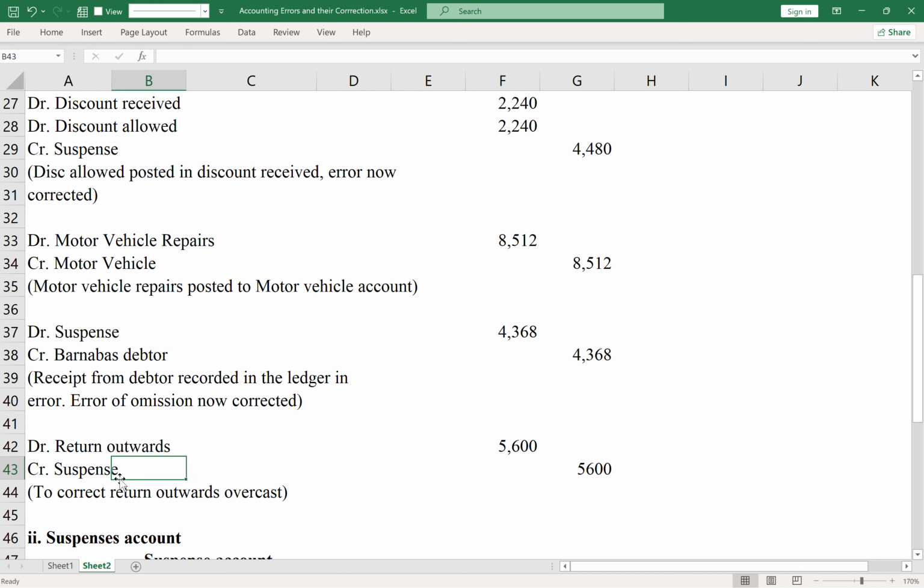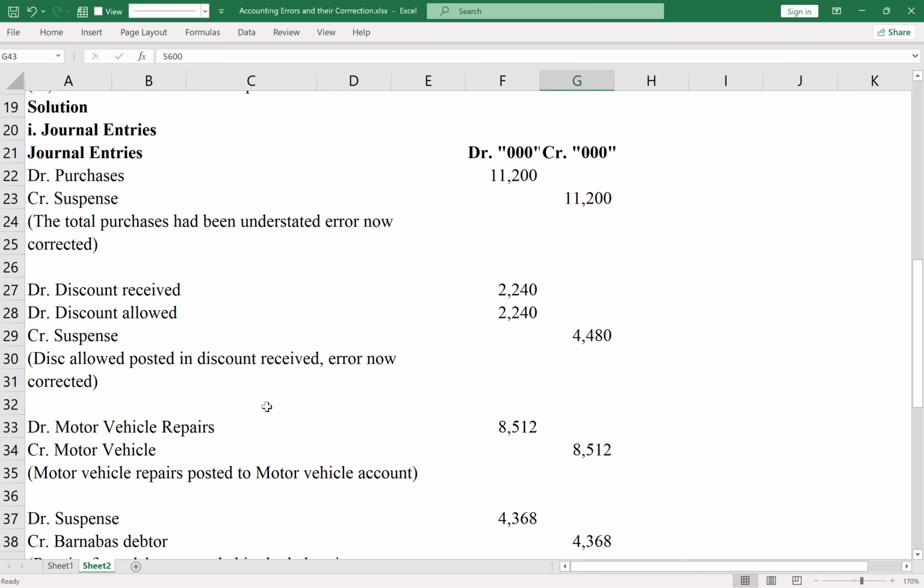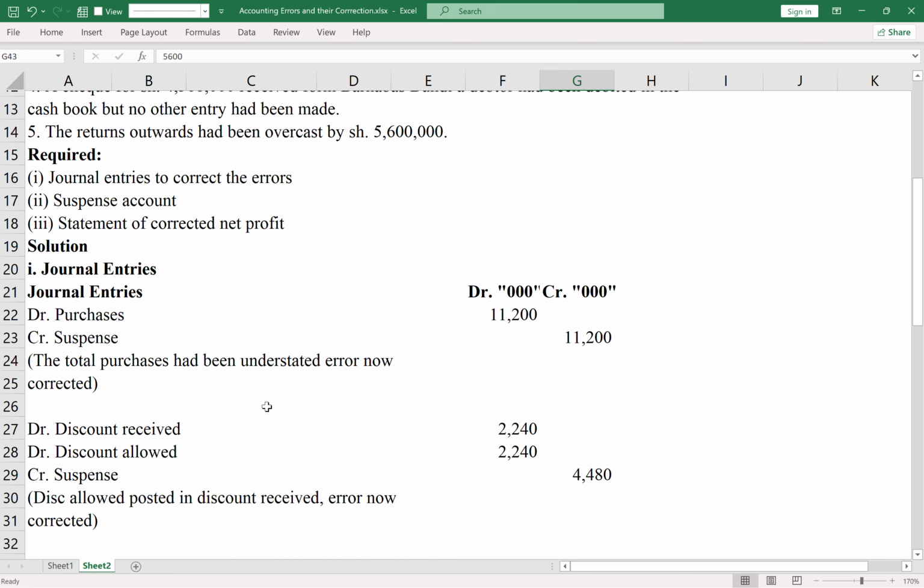Then you have the credit suspense with the same amount. We credit with 5,600. So this one will correct the return outwards overcast. So it had been overcast by 5,600.